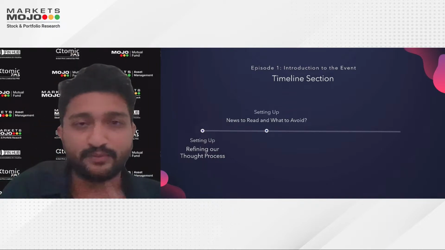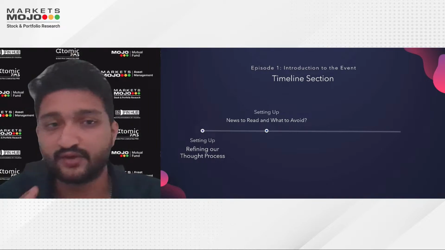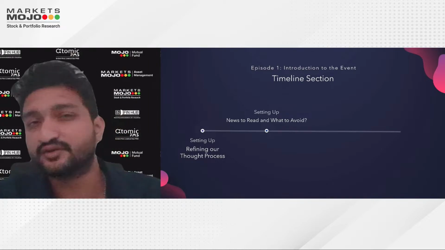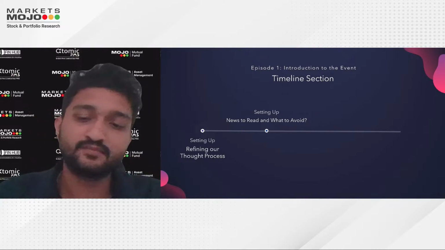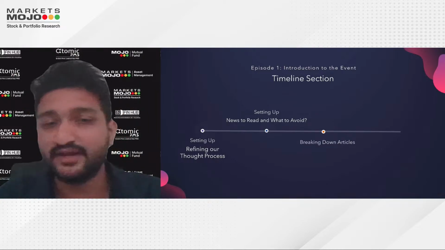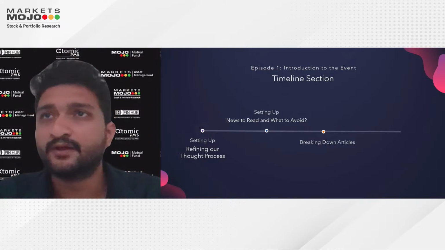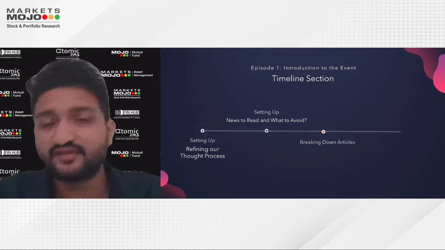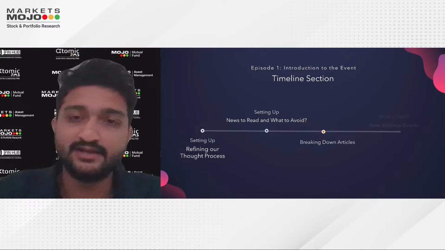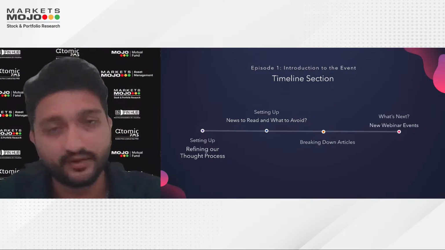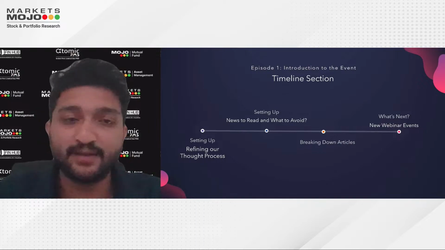Then we'll break down this very beautiful quadrant where we'll look at what news you should read and what other kind of news articles you should avoid as an investor. Then we'll be breaking down some of the articles. I've collated three articles from different newspapers. Two are sector stories and one is a particular stock story. And lastly, we'll look at what other webinar events we're going to cover going forward. So without wasting any time, let me start off.